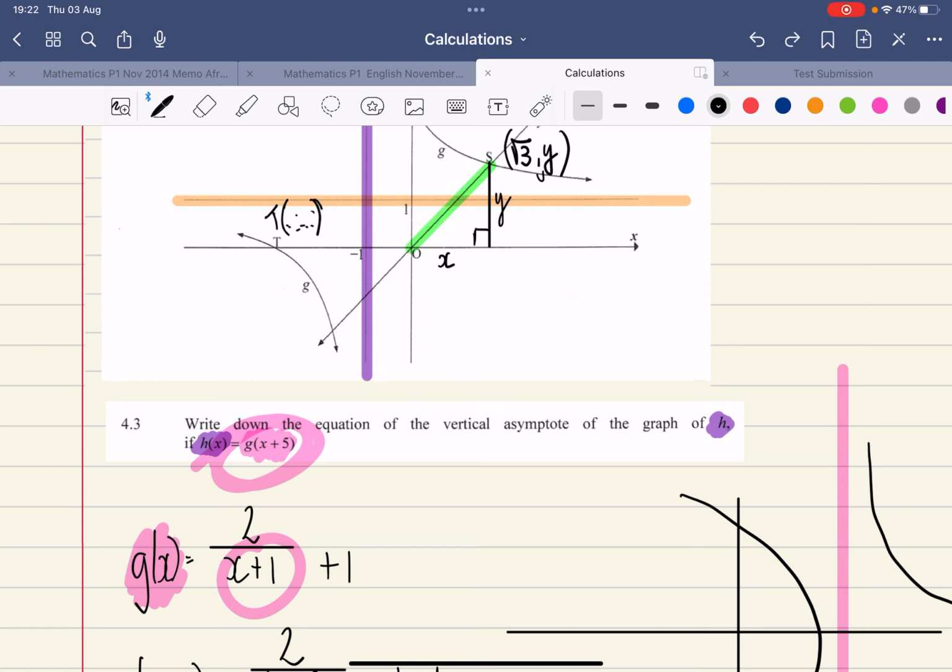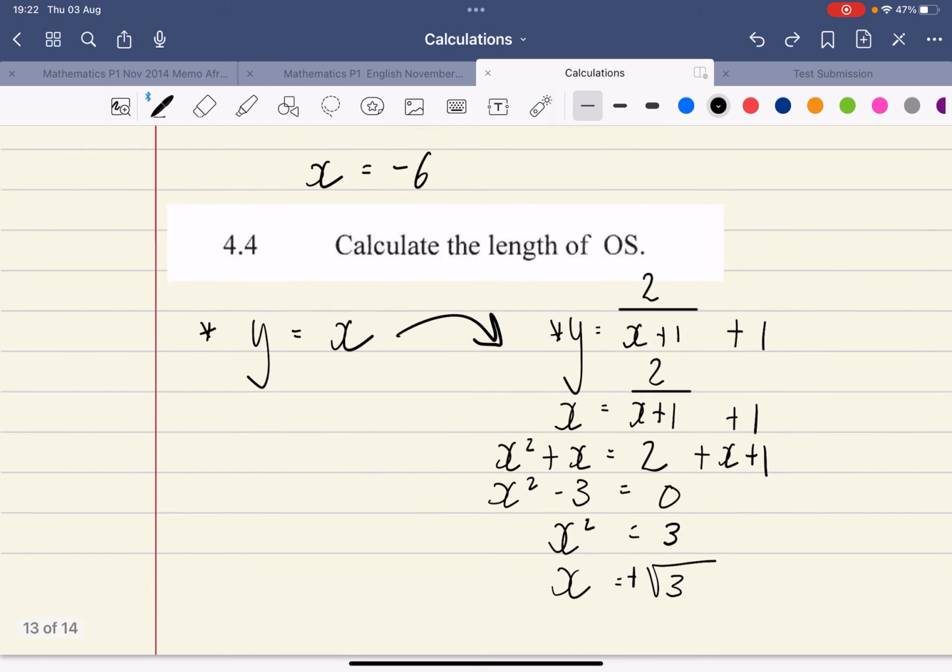I forget the name of this line in a right angle triangle, the x-axis, the y-axis, but we can find this length over here using Pythagoras. So yes, it is indeed worthwhile finding x.